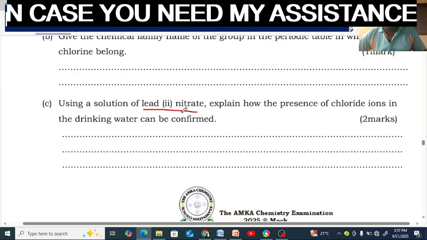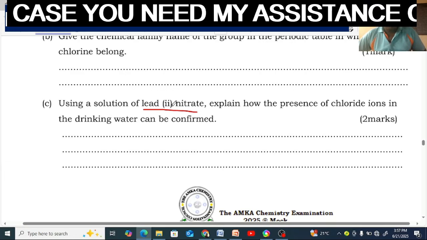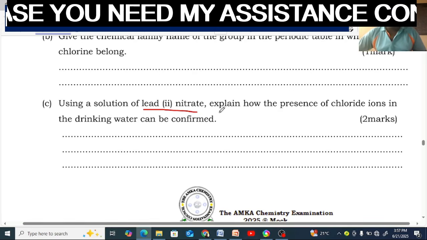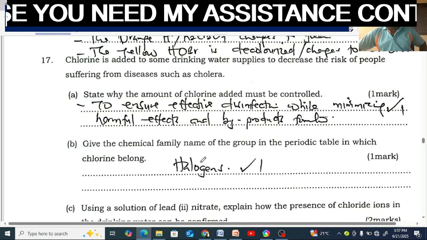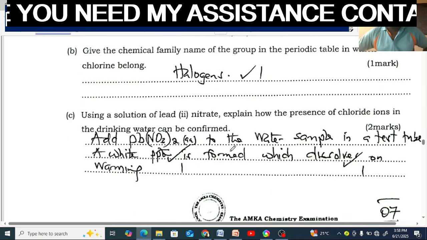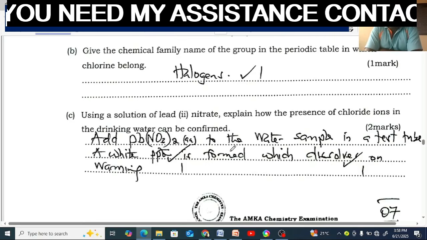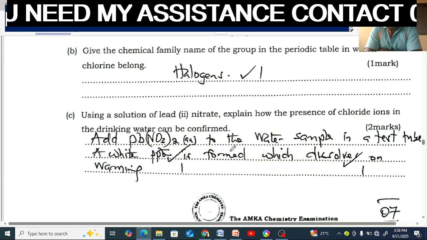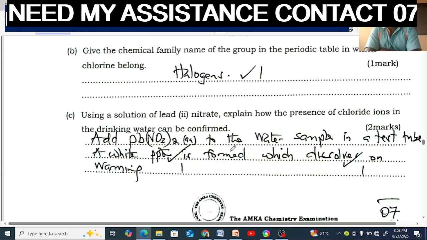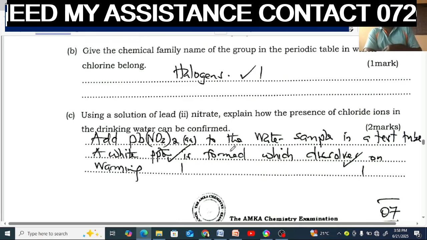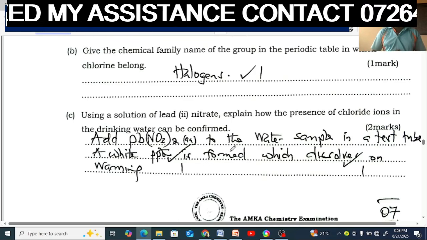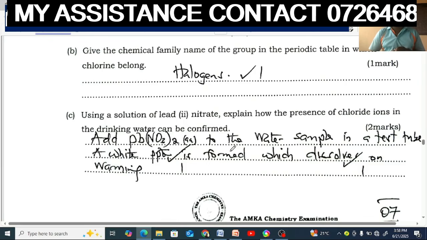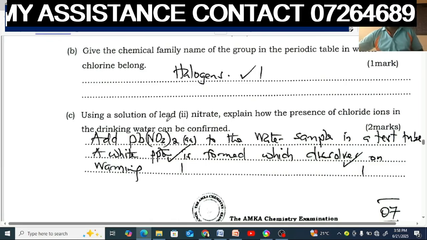Add lead nitrate to the water sample in a test tube, and a white precipitate is formed. If the white precipitate dissolves on warming to become colorless, that confirms the presence of chloride ions, because lead chloride forms a white precipitate which dissolves when warmed.